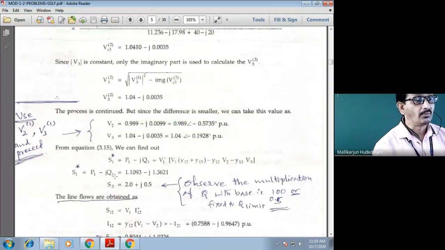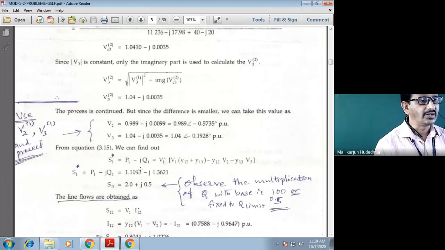What is that? Complex power conjugate at S1, for bus 1, equals V1 conjugate into I1. If I take the product and separate them, you can see over here 1.1093 minus j 1.13621 is the answer obtained by the author using second iteration data.